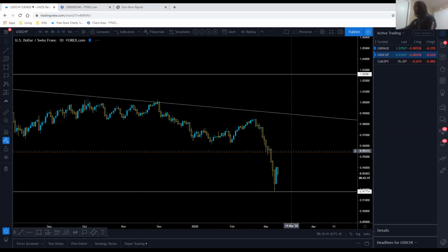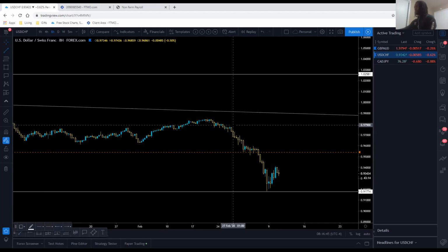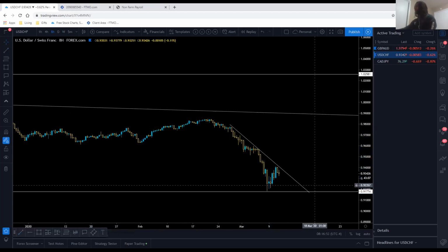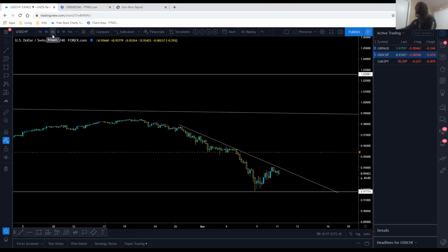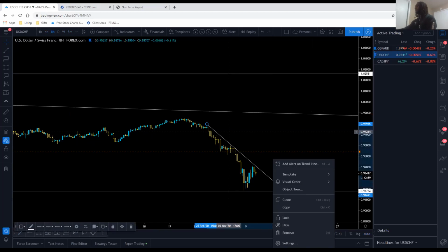Let's go to daily. Daily, let's go to 8 hour and draw this downtrend. Okay, on the 8 hour or the 4 hour. Let's do the 8 hour. So I'm gonna set alert on this trend line.